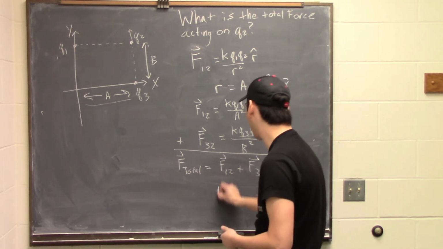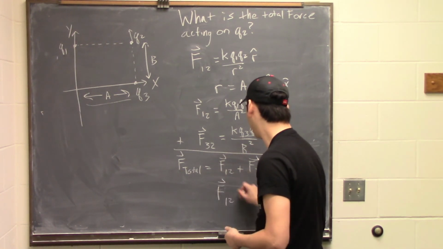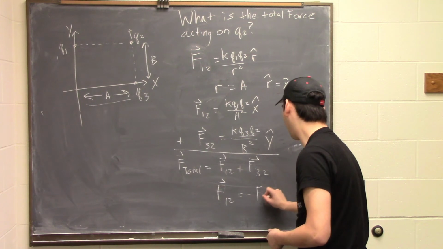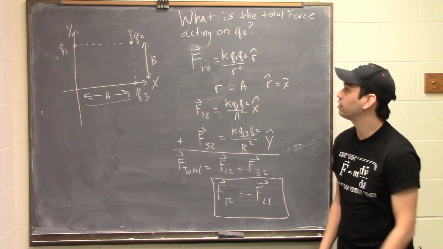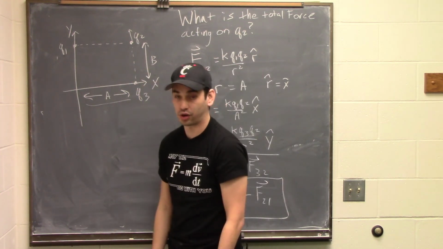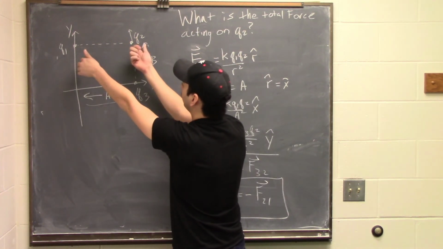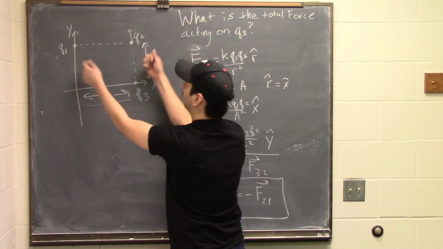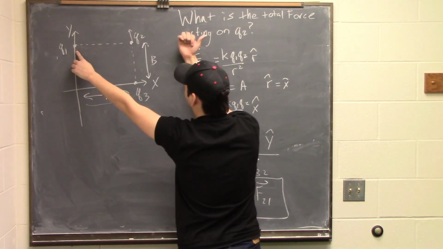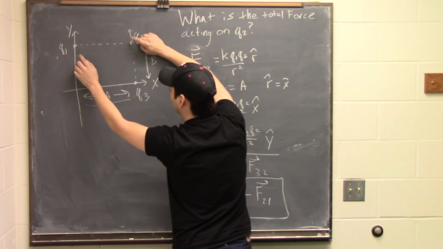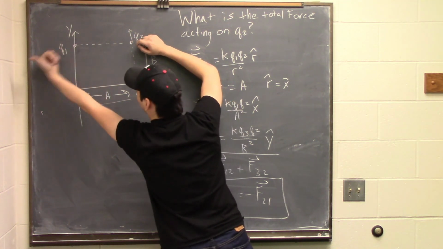So what we can say then is F12 is equal to negative F21. Okay? And this should seem to make sense, because say Q1 and Q2 are positive charges. Q1 and Q2 are going to repel each other. So the force that Q1 acts on Q2 is going to push it this way, and the force that Q2 acts on Q1 is going to push it this way.